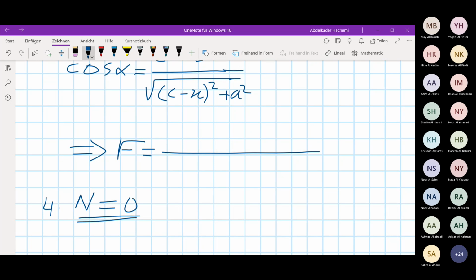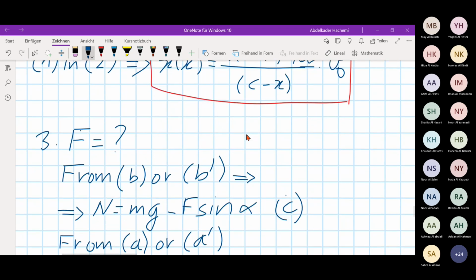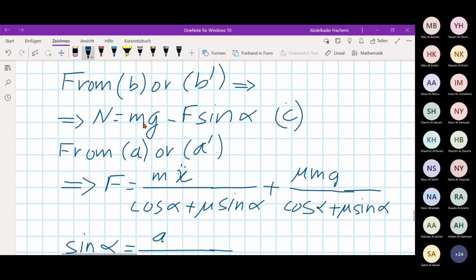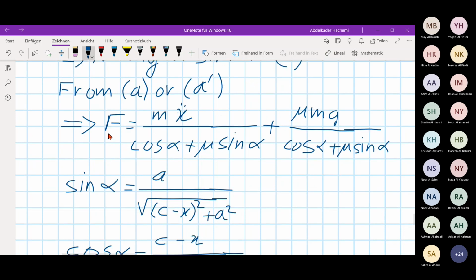Now if we put N equal to 0, from equation C, we put only N equal to 0.